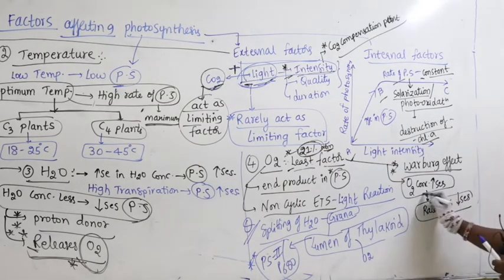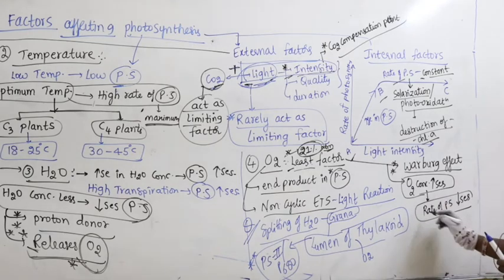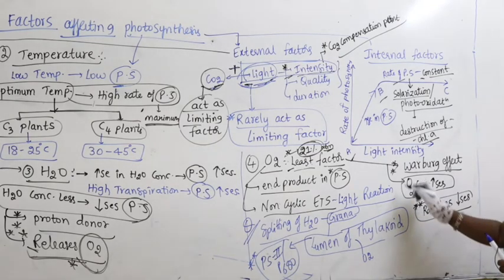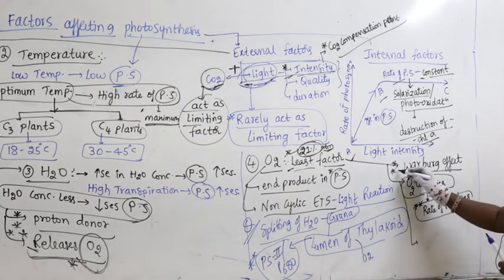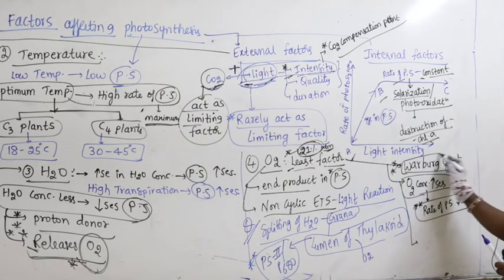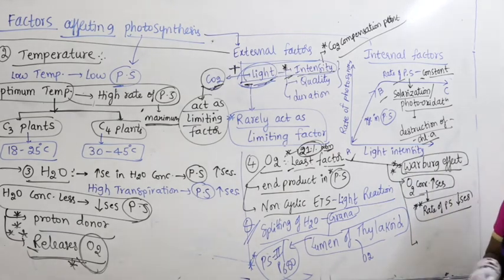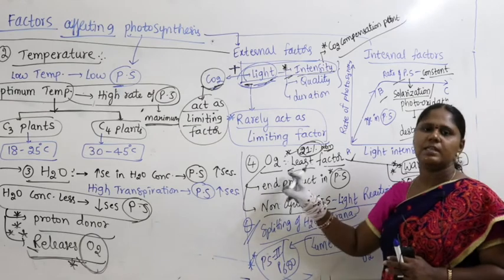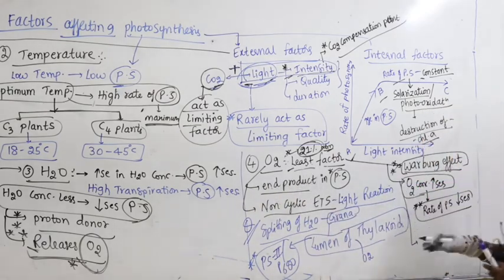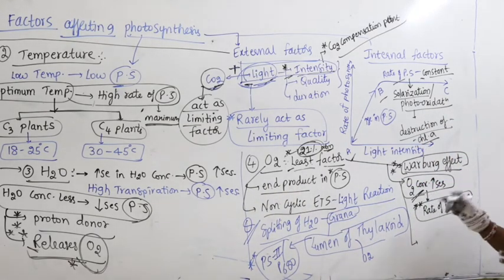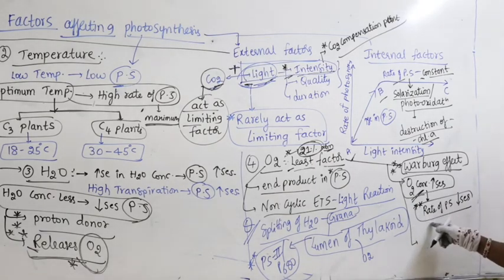If oxygen concentration increases, the rate of photosynthesis decreases. This was studied by Otto Warburg and is called the Warburg effect. Generally oxygen is a least factor, but whenever the oxygen concentration is more in the surrounding environment, it definitely impacts photosynthesis. It declines the rate of photosynthesis.